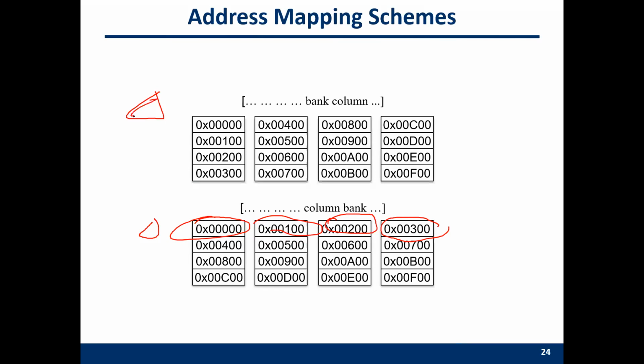And this one is the latter one. Consecutive memory lines are stored in one bank, so that you can take advantage of the row buffer. With this one, you prefer larger parallelism. You can use multiple banks to serve one single request.